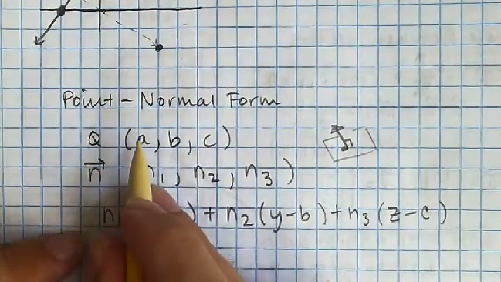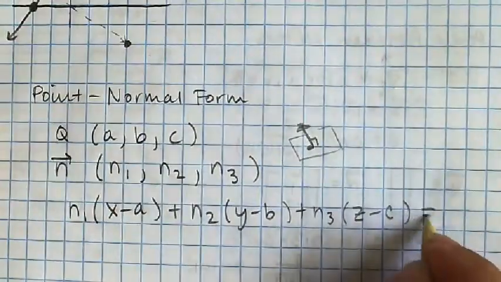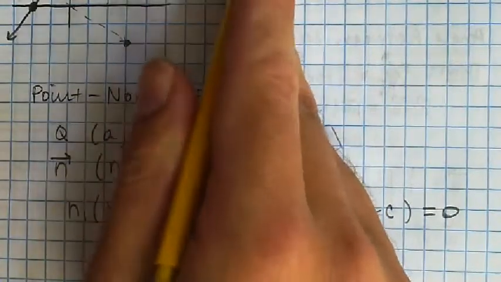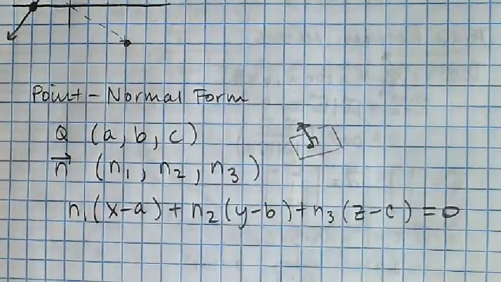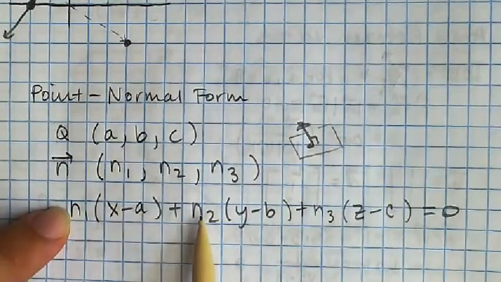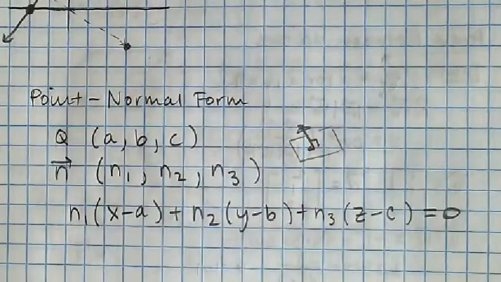And in retrospect, I kind of wish I'd called that x0, y0, and z0, but that's going to equal 0. And you might be like, wait, where'd that ax plus by plus cz equals d, where'd the d go? And it's like, well, it's kind of included in this n1 times negative a, and n2 times negative b, and n3 times negative c. It's there, but that's how we're going to write it.